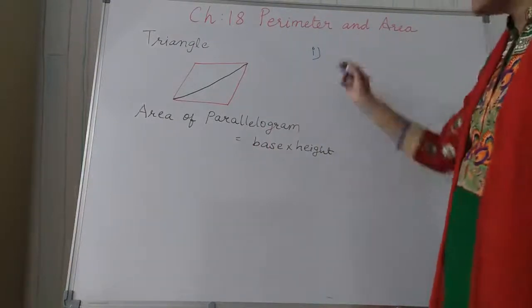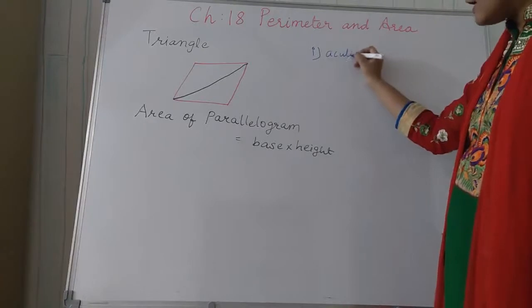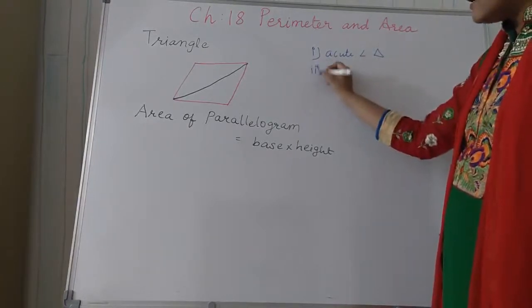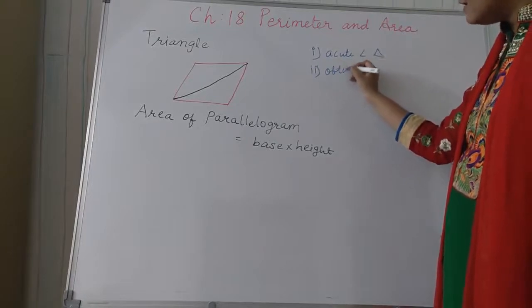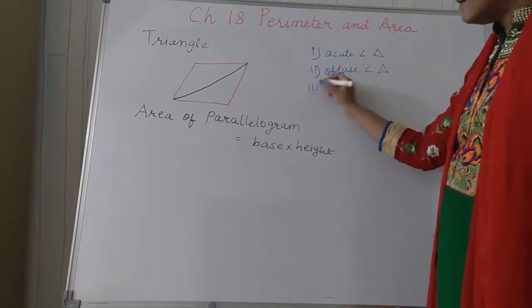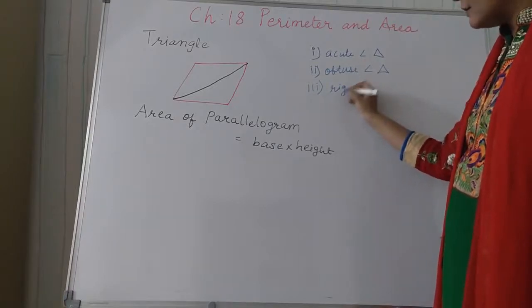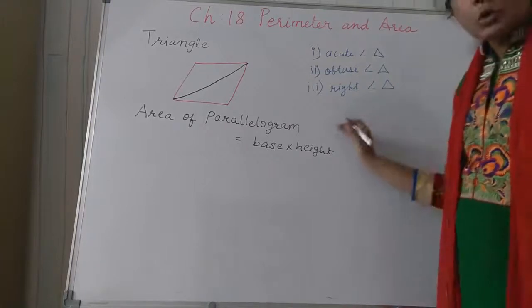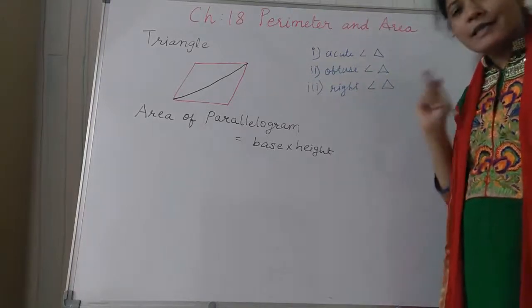According to angles, there are acute angle triangle, second is obtuse angle triangle, and third is right angle triangle. These are the 3 types of triangle according to its angles.